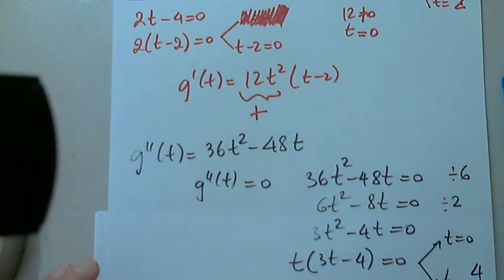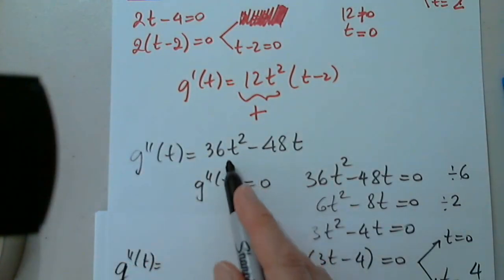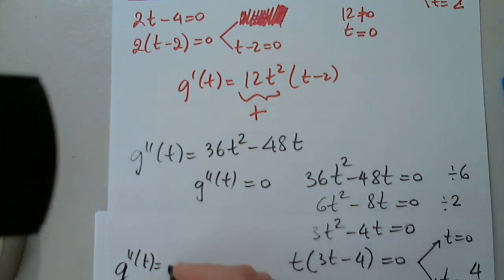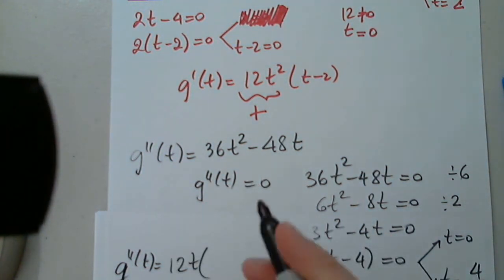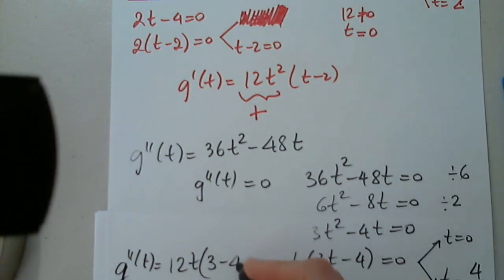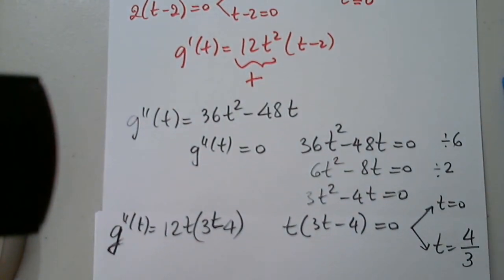Okay, so the second derivative, g double prime of t, is, we factored out 12, so 12t. And this was, what was it? 3, yes, 3 minus 4, 3t minus 4. Okay. Perfect. So I have no choice. I have to analyze both, right?